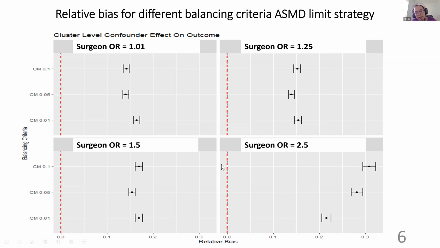But when we have a larger surgeon odds ratio on outcome in your data, this isn't the case. You can see having a smaller balancing criteria limit actually offers quite a bit of improvement in terms of relative bias when using cardinality matching to do causal inference.